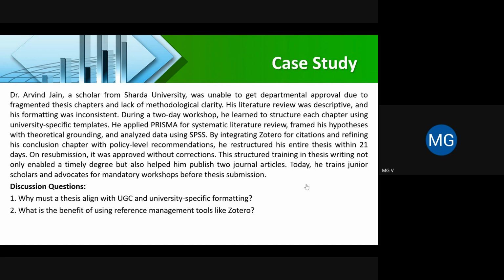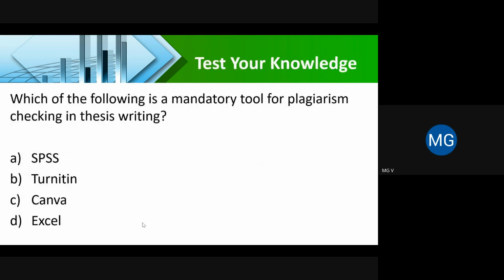They streamline in-text citations and ensure correct bibliographic formatting. Which of the following is a mandatory tool for plagiarism checking in thesis writing? SPSS, Turnitin, Canva, or Excel? Turnitin. Very right. It is Turnitin. Yes. Thank you so much.